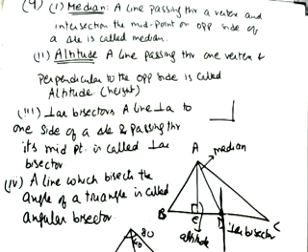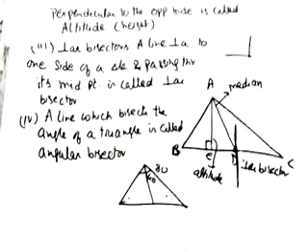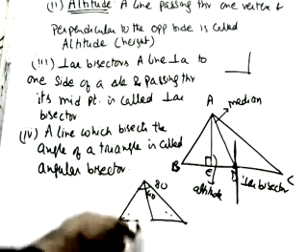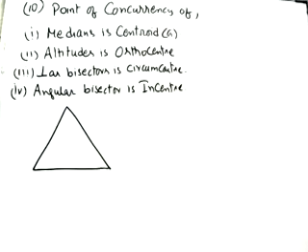Now lastly, a line which bisects the angle of a triangle, dividing it into two equal parts, is called the angular bisector. Now we have seen what are median, altitude, perpendicular bisector, angular bisector. All these lines are concurrent.